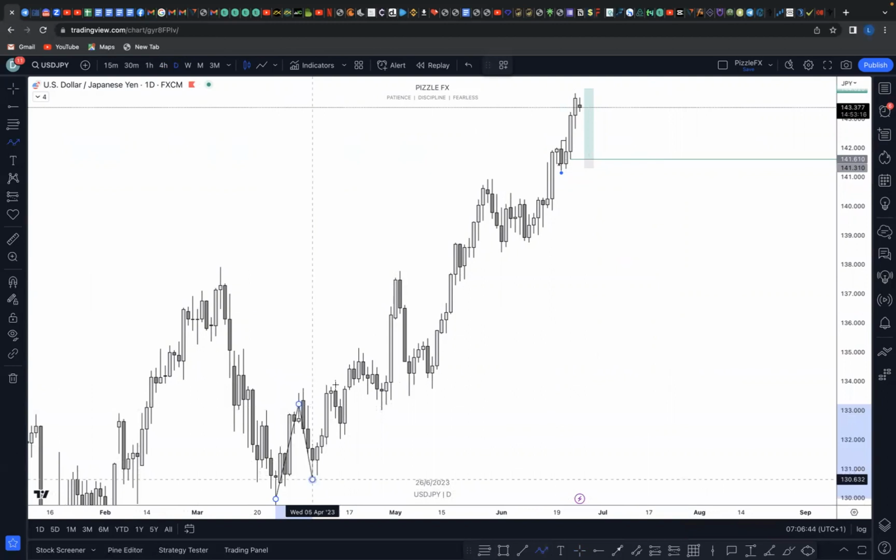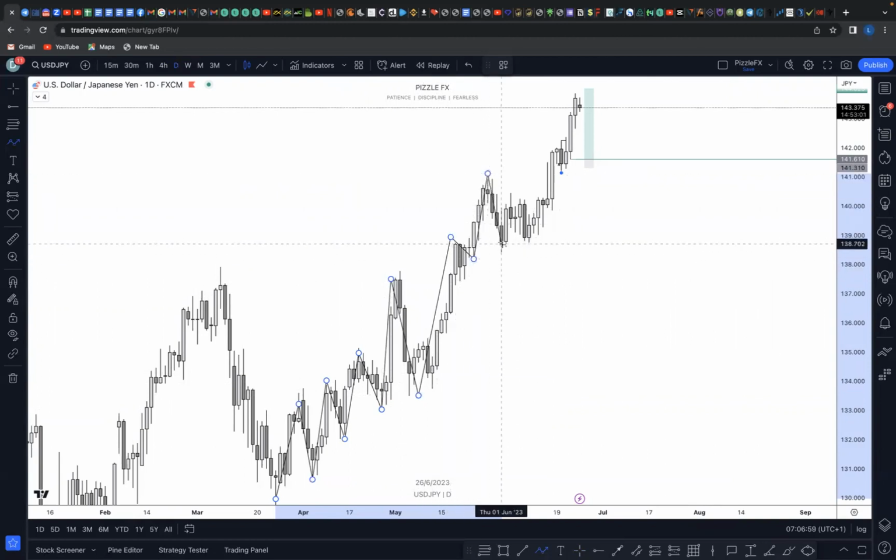Higher low, higher high, higher low, higher high, then a tiny little pullback, higher high. Then it came back. Then they give another higher high, another higher high, and they give a pullback here.